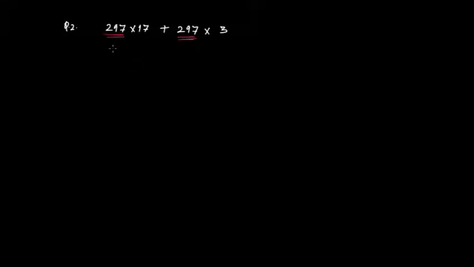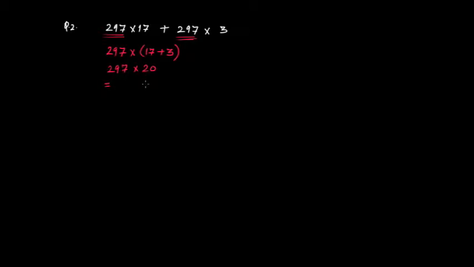So by the distributivity property, you take 297 times (17 plus 3). This is very basic mathematics, we all know that, and therefore it would be 297 multiplied by 17 plus 3, which is 20.